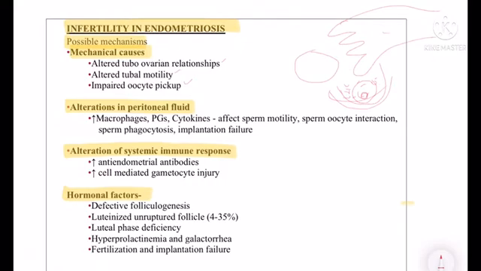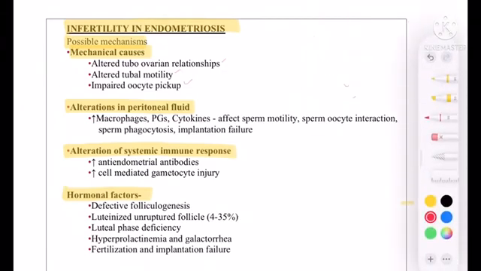So once the fluid changes its consistency and composition, it affects the motility of the sperm, the motility of the oocytes, and the interaction between the sperm and the oocyte, because there is a space, and this is the peritoneal space. So if the fluid gets disturbed, it definitely inhibits or somewhat affects the interaction between the oocyte and the sperm.